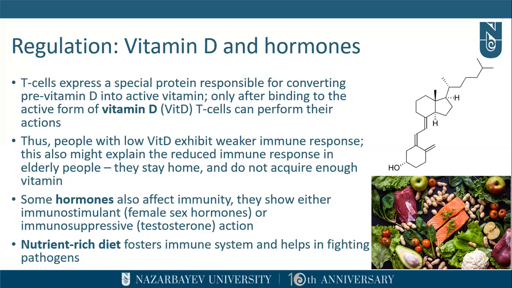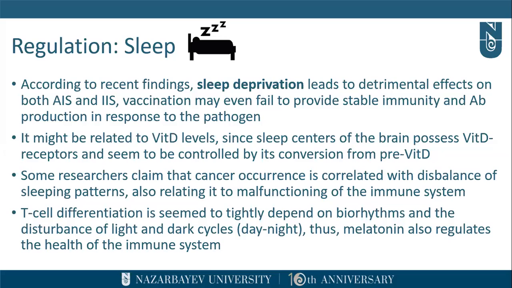Regarding the hormones, specifically estrogen, which is a female hormone, it contributes to very good immunity, whereas testosterone, interestingly, has a suppressive action. Also, a diet rich in vitamins and microelements is good for having a good immune system. And sleep is also not to be ignored.